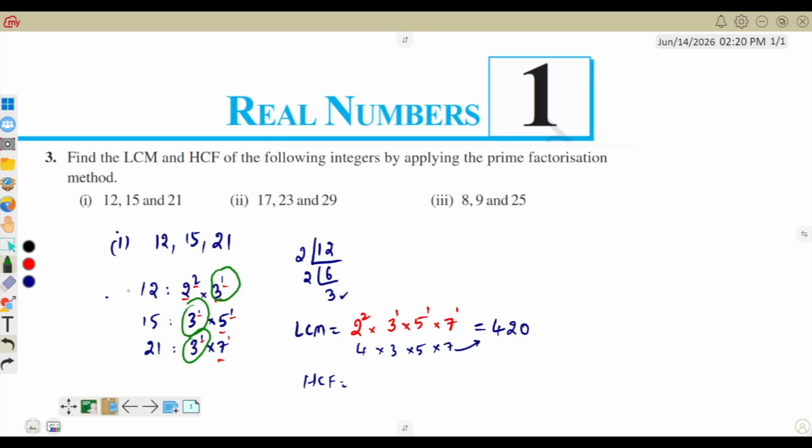So all of them having the same power, so no issues. So 3 power the smallest. So the smallest is 1, right? So I'll take power 1, that is 3. Finally, the LCM is 420 and the HCF is 3.